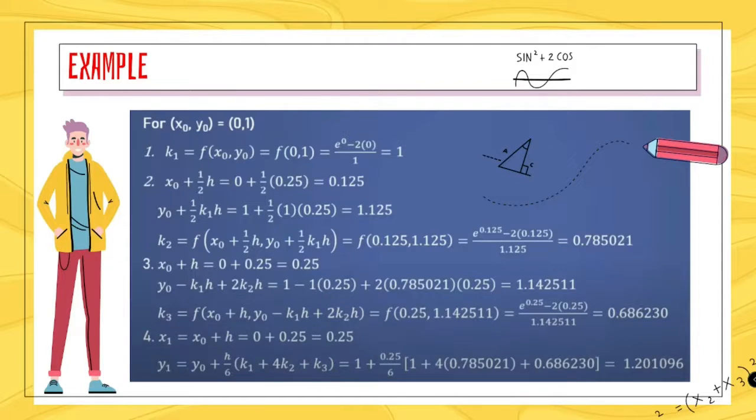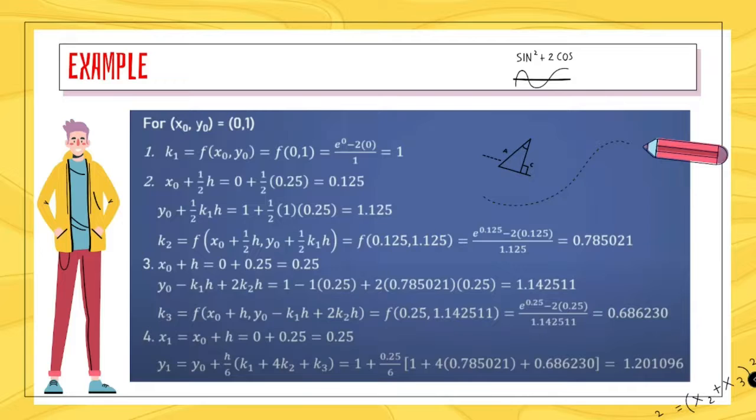K sub 2 equals function of x sub 0 plus 1/2 times h and y sub 0 plus 1/2 times k sub 1 times h equals function of 0.125 and 1.125 equals e raised to the power of 0.125 minus 2 times 0.125 over 1.125. So it equals 0.785021 as the answer.